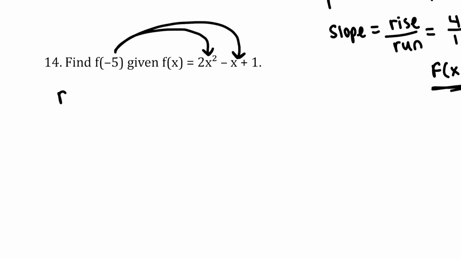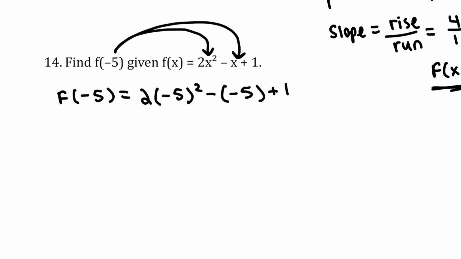So f of negative 5 is equal to 2 times negative 5 squared minus negative 5 plus 1. The parentheses are important because we have a negative in our formula already, but the number they want us to plug in is also negative. So you're going to be dealing with a lot of double negatives here.